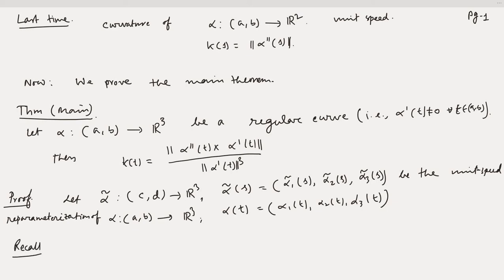Here we have (a, b), here we have R3, and here we have (c, d). This is alpha tilde, and this is alpha, and here we have the function h, which is the inverse function of the arc length function s alpha.